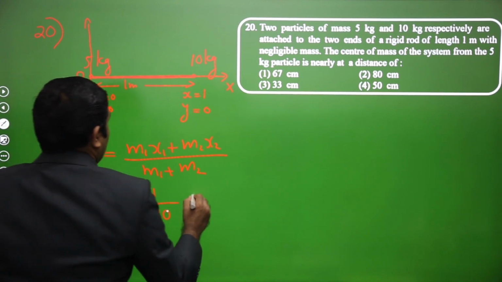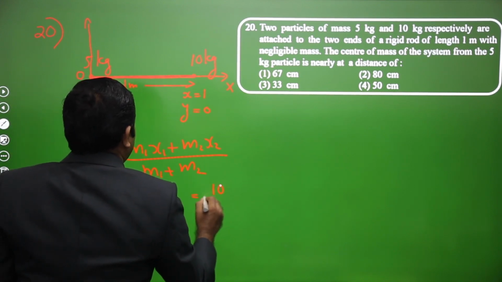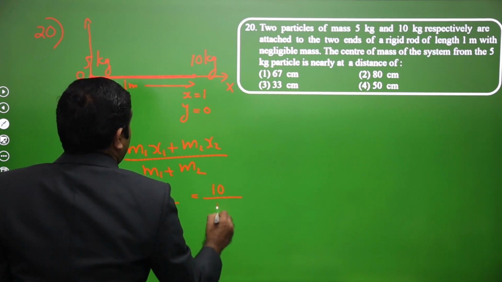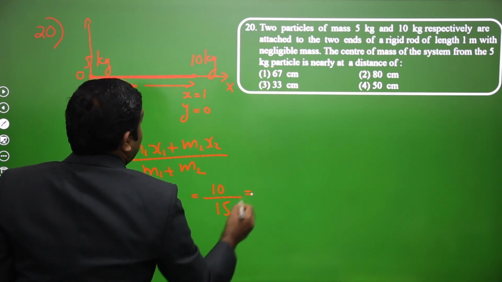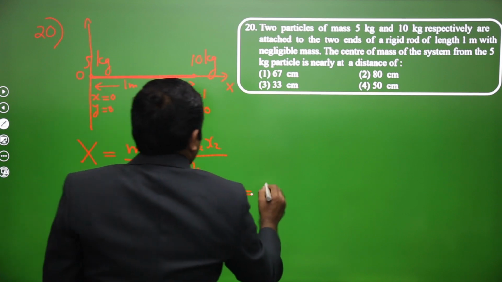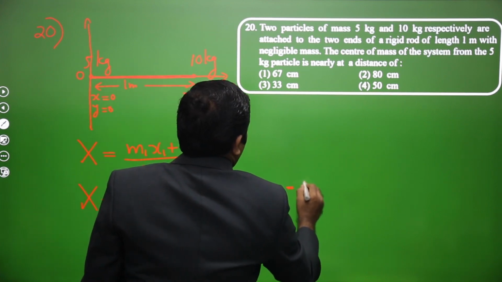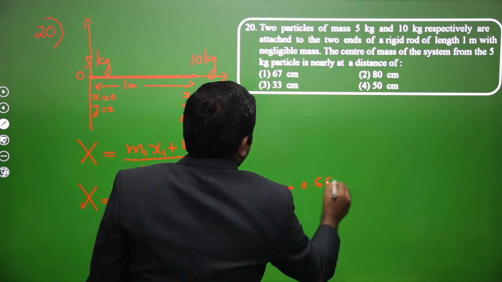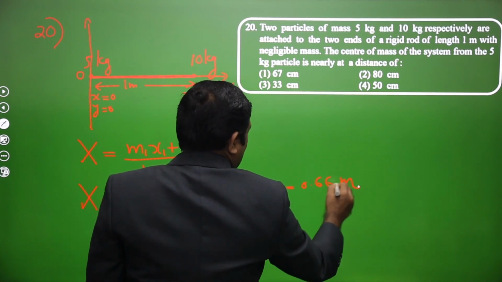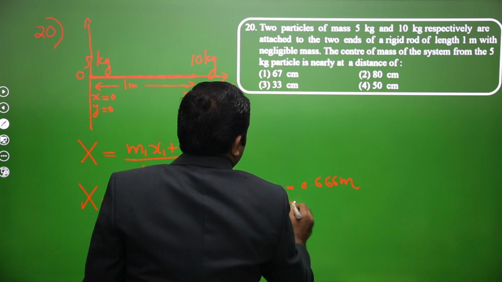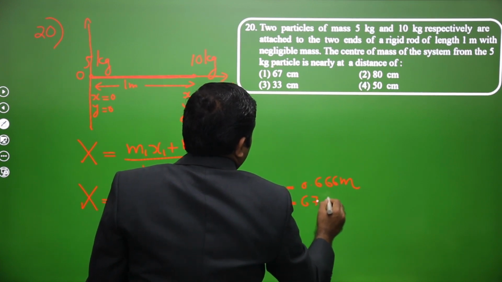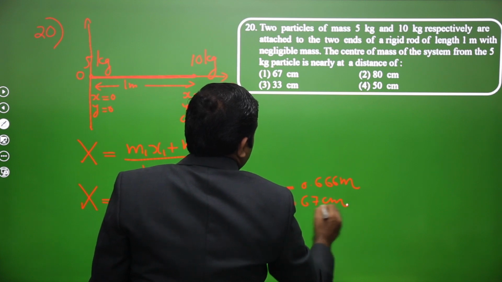So that is equal to 10 divided by 15, which is 2 by 3, 0.66 meter, or 0.666 continuing.